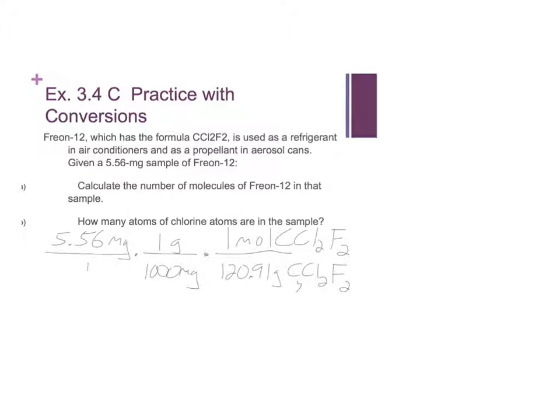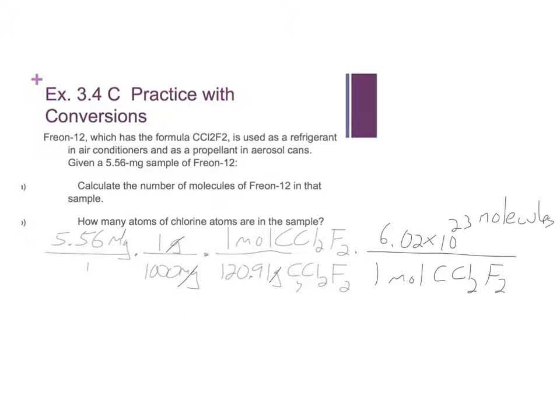That's going to let us convert milligrams to grams, grams to moles, but we need a number of molecules, so let's just keep going here. 1 mole to get to individual molecules of CCl2F2. We need Avogadro's number, 6.02 times 10 to the 23rd molecules of CCl2F2.